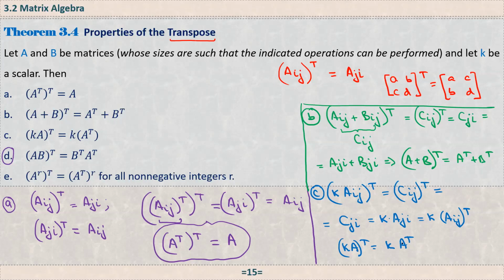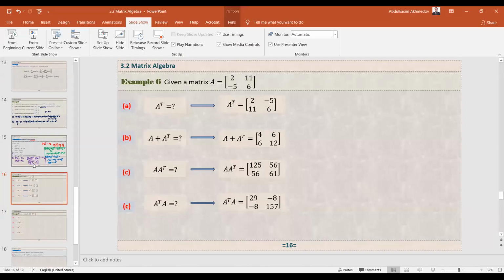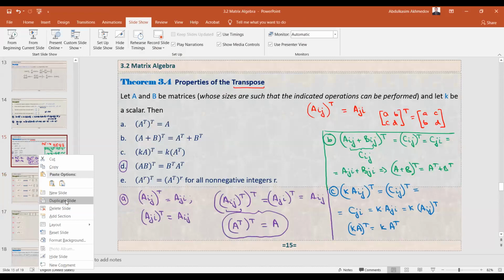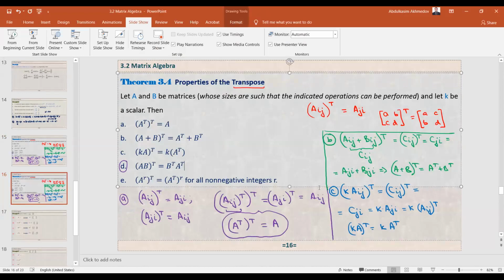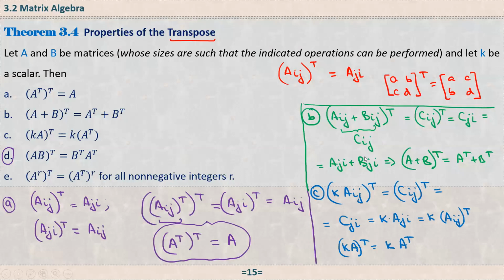And how about D? (AB) transpose equals B transpose A transpose. I think I need more space for that. Okay, so (AB) transpose equals B transpose times A transpose. Again, using a similar idea, we are not taking the whole matrix, we just take one entry.